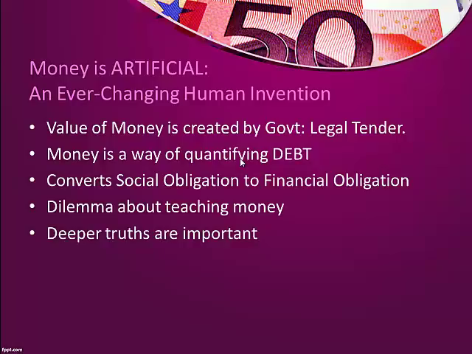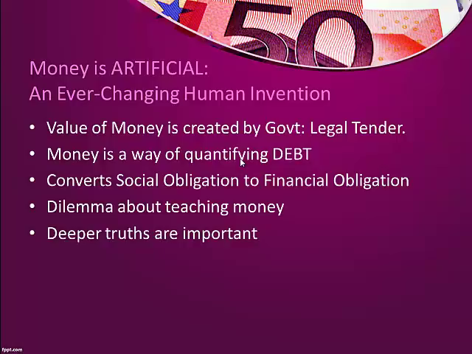So basically, money is a way of converting a social obligation into a financial obligation. So exactly what is money? Money has both a legal structure and also a social structure dimension about what all of us believe and think about money.